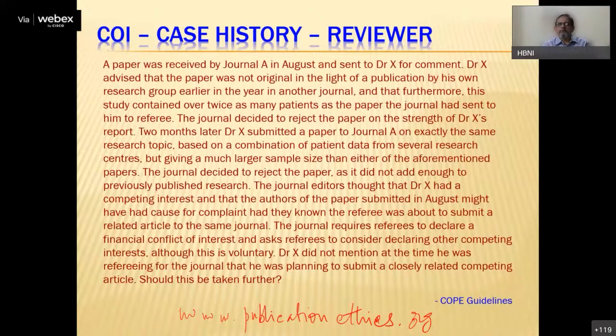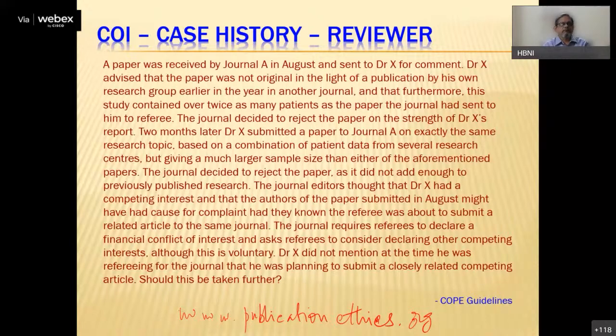And furthermore, this study contained over twice as many patients as the paper the journal had sent to him to referee.